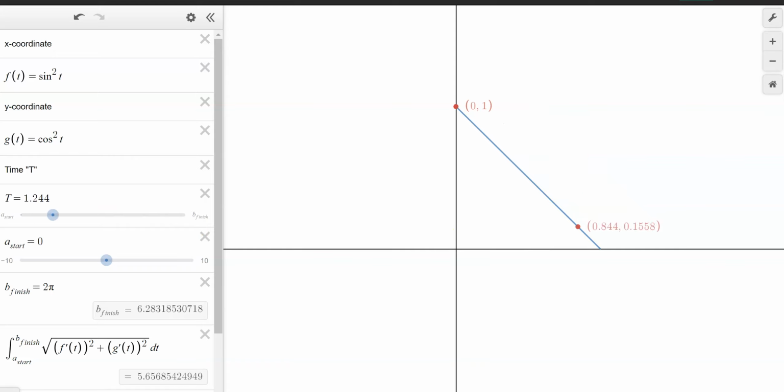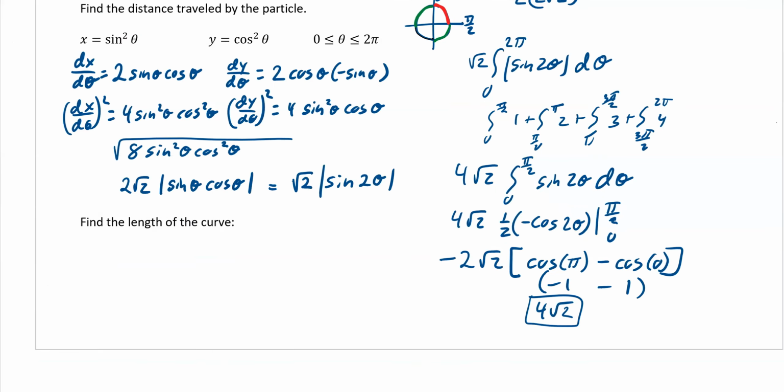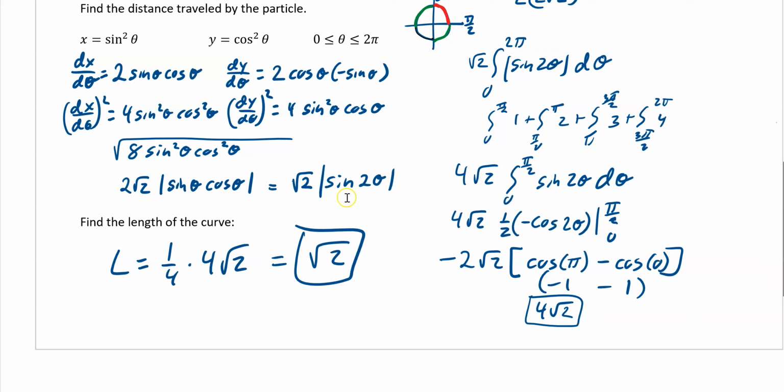So if it goes through it 1, 2, 3, 4 times, then I think you already know what we need to do. That was the total distance, which is 4 rad 2. So our length would be 1/4 times 4 radical 2, which is rad 2.